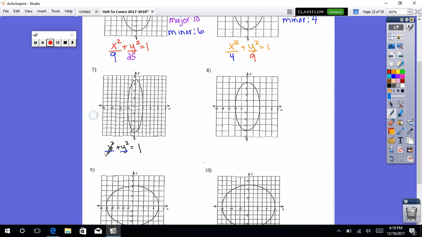Okay, but this guy is 7 tall, so 7 squared is 49. 2 wide, 2 squared is 4. My minor axis is 4. And my major axis is 14.